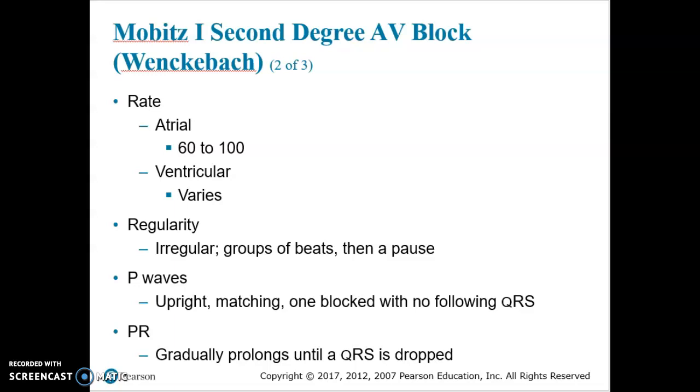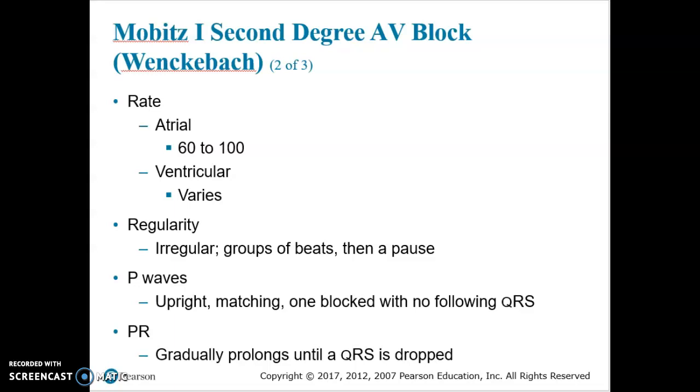Remember, the PR interval grows longer: the signal takes a little longer to get through the AV node, and then the next signal takes a little bit longer, and then the next a little bit longer than that. Then all of a sudden on the next signal, the AV node says, no, you're not going through. That signal doesn't get through, and those ventricles do not contract. And when those ventricles don't contract, that makes our ventricular rate vary, okay?